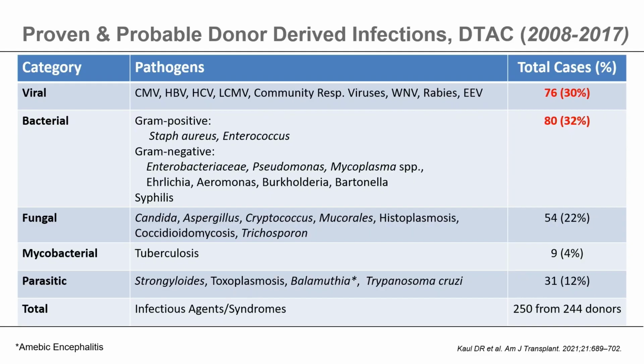The highest proportion in terms of infectious groups was viral and bacterial, less so fungal at 22%, very few mycobacterial, and 12% parasitic. Overall, in that 2008 to 2017 timeframe, there were 250 cases of donor-derived transmissions from 244 donors.